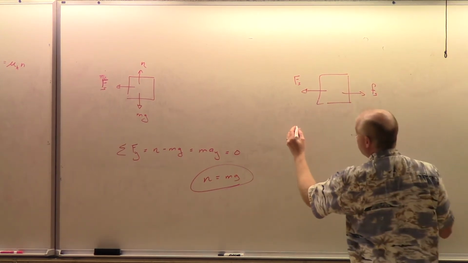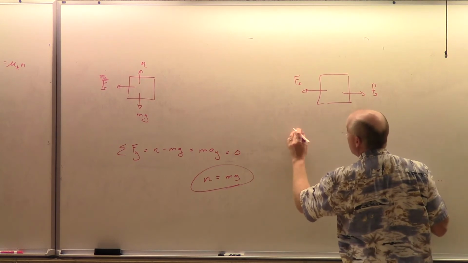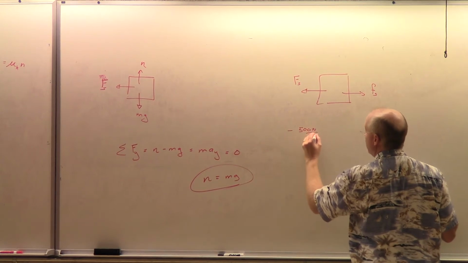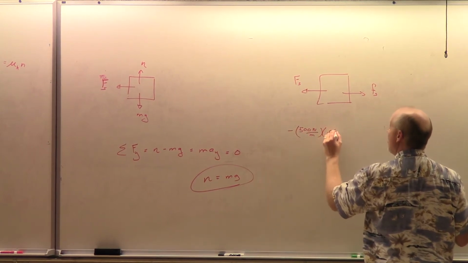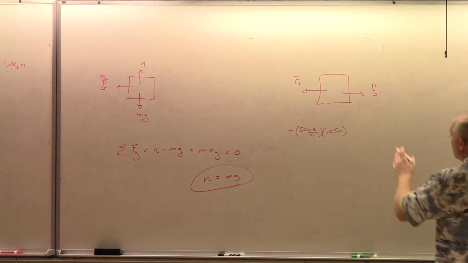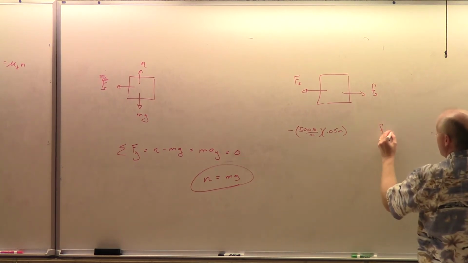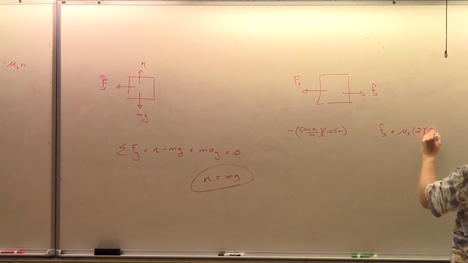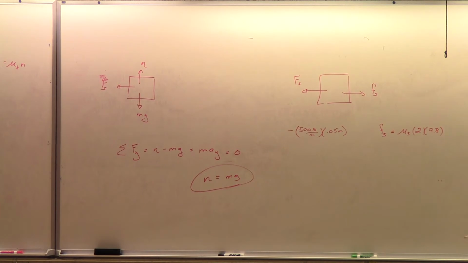The force from the spring would be minus 500 newtons per meter times 0.05 meters. The force from the static friction would be that. And we really can't solve for that because they did not even tell us what the coefficient was.